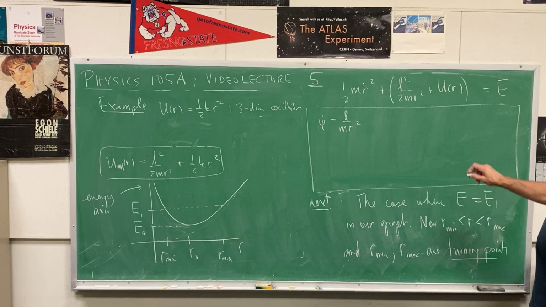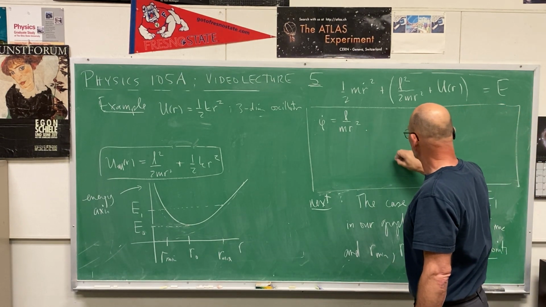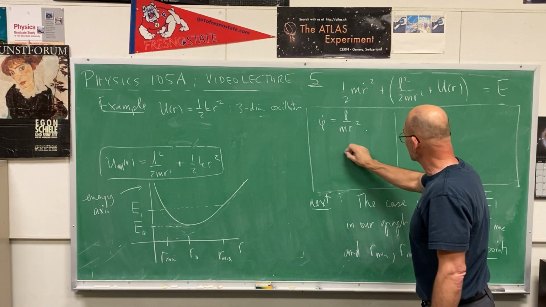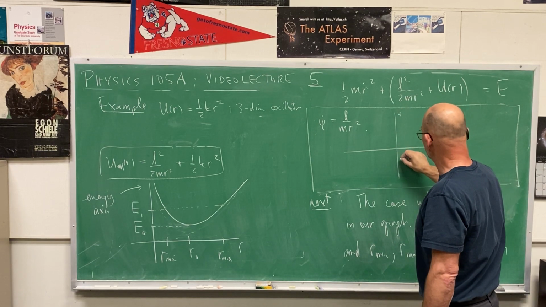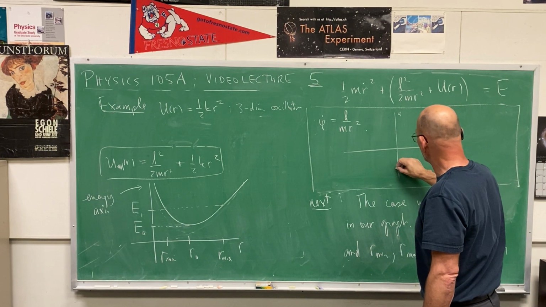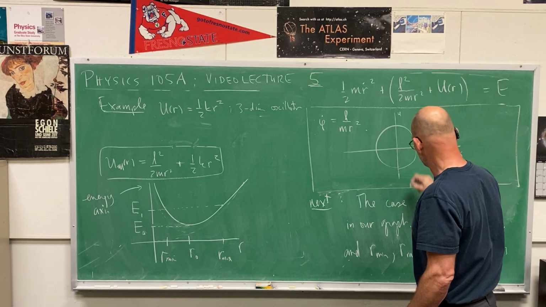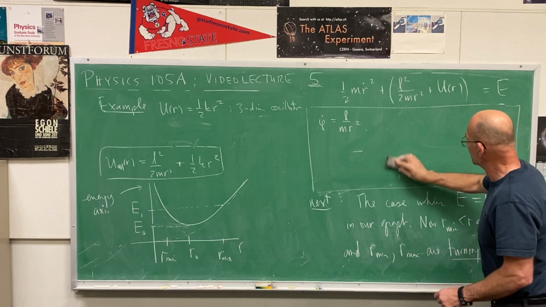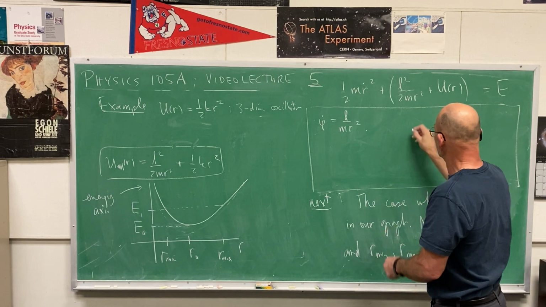So let's go ahead and say, where is this motion taking place? It's in the XY plane, so I'll even draw an XY. But it's taking place between two radii. Let's do another try here. Okay.